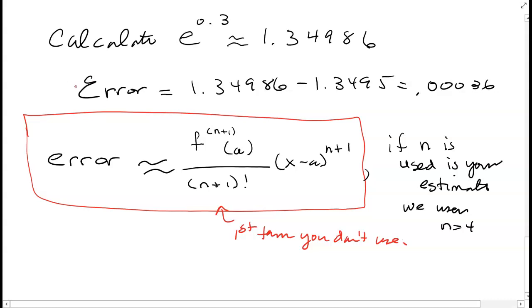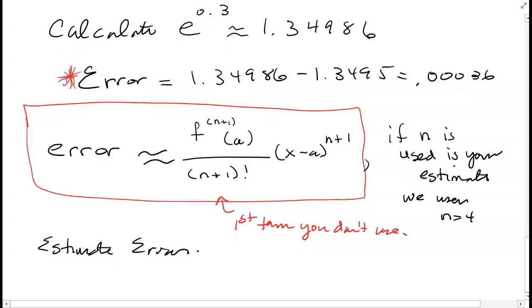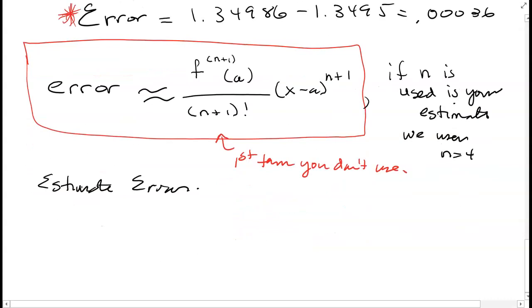Now again, we calculated the actual error just by plugging it into a calculator. We don't want to plug into a calculator. So we want to get an estimate of the error. We just use the next term. So what would n equaling 5 be?